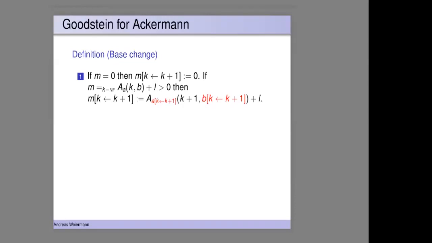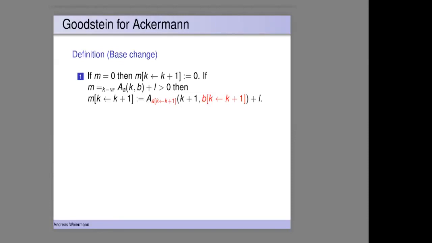But if m has the form A_a(k, b) plus l bigger than 0, then if I do the base change in m, replacing k by k plus 1, I replace the parameter k by k plus 1 in the Ackermann function, and I do base changes in the index a and in the second argument b, and I do not change the argument l.